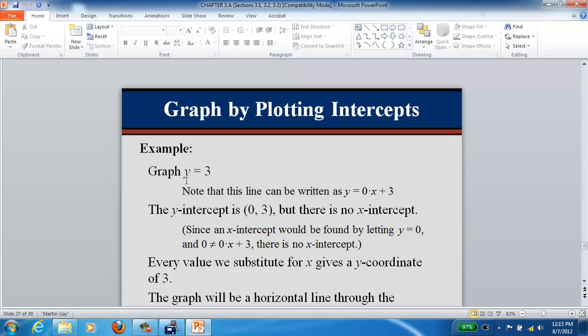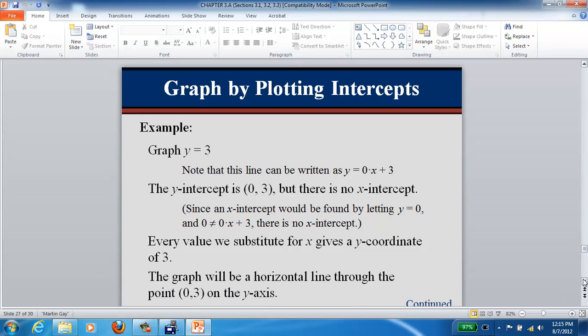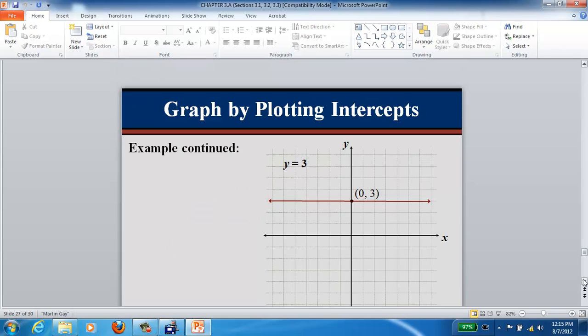Graphing y = 3. Note that y = 3 is a horizontal line. The y-intercept is (0, 3). Therefore, the line of y = 3 is right here.